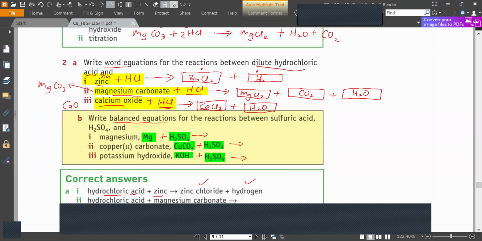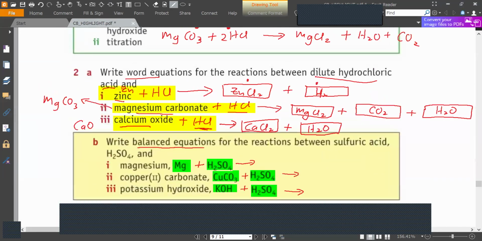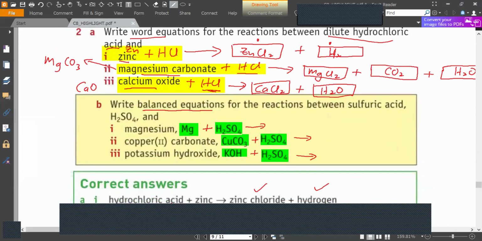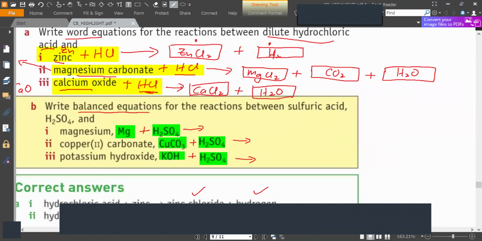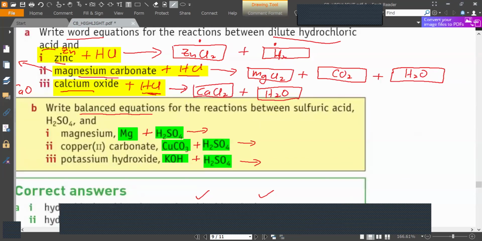So the first one, magnesium plus sulfuric acid. What are the products and how many moles? Try out and let me know.